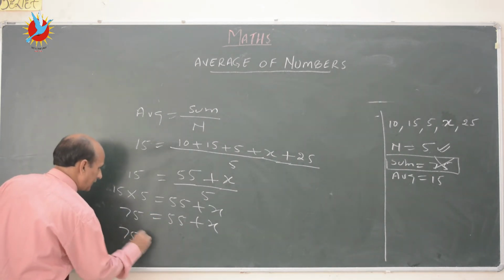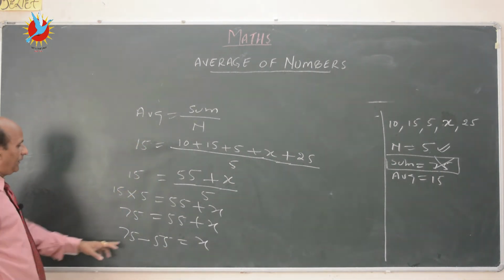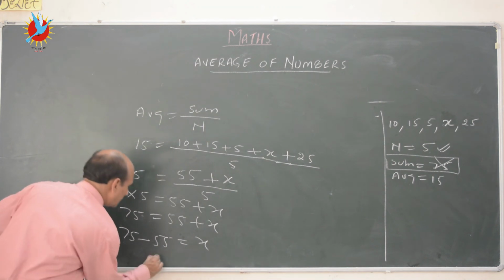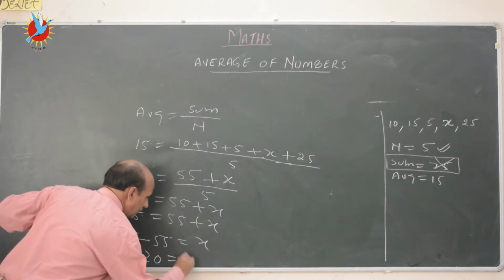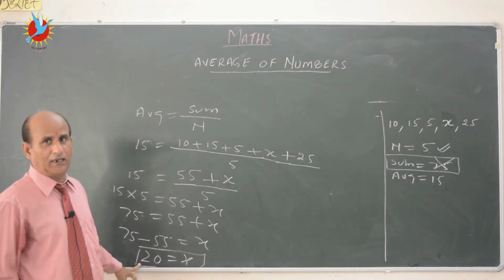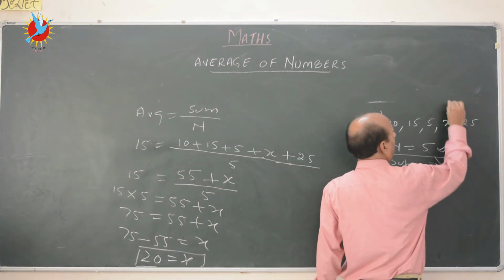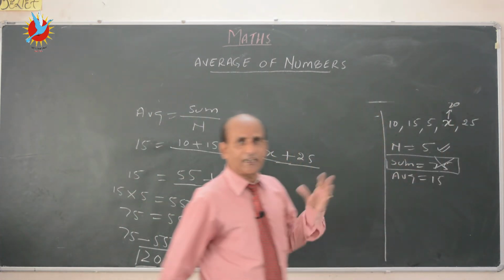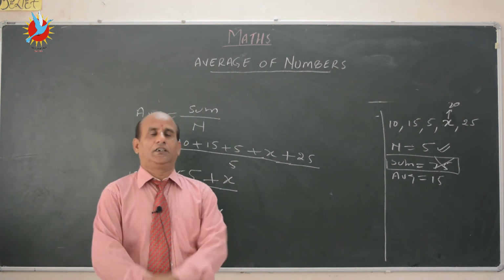So 75 minus 55 is equal to x. 75 minus 55, 5 minus 5, 0. 7 minus 5, it is 2. So the value of x and the value of missing number is 20, and we know that we have taken here it is 20. So these are the 4 different methods which you can use in the topic average. Thank you, kids.